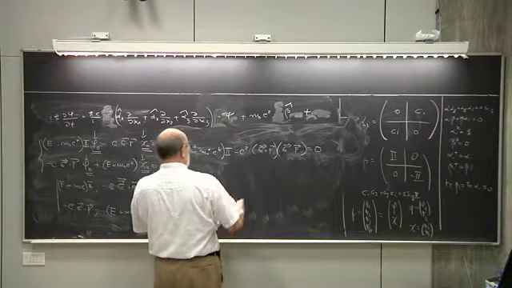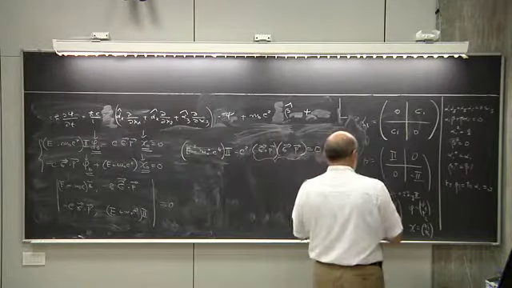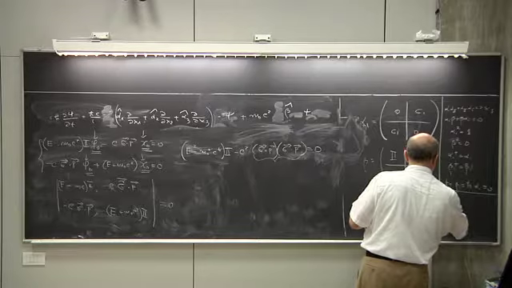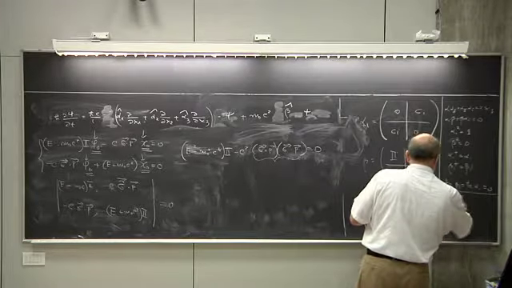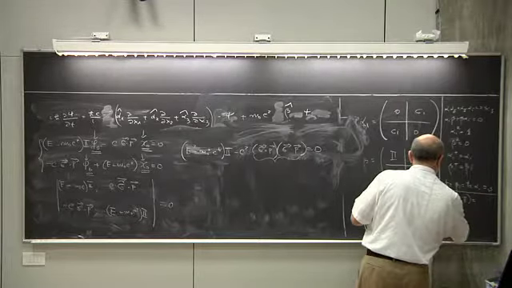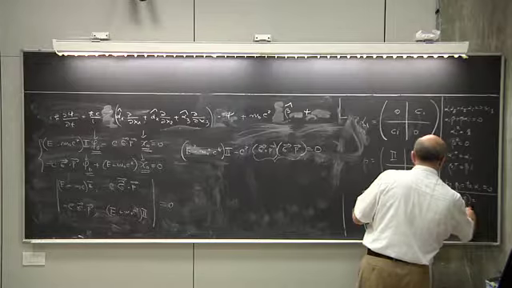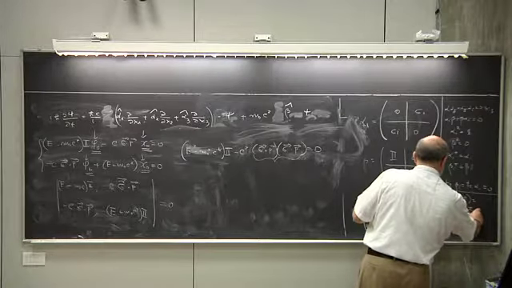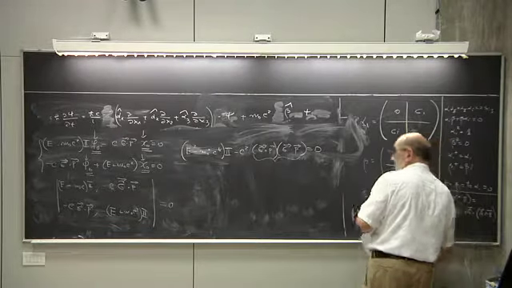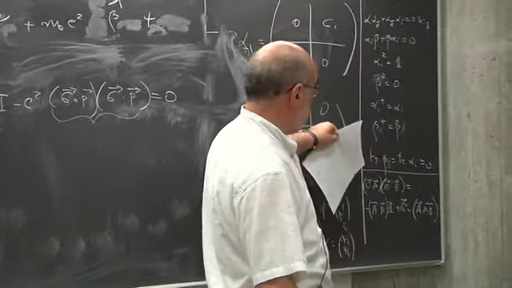Now the difficulty is this piece, but there is a very well-known identity for sigma matrices that I write down here: if you have sigma multiplied by a vector A, product sigma multiplied by another vector B, this is equal to the scalar product of A times B multiplied by the identity in 2 by 2, plus i sigma times the vector product A wedge B. This is a well-known identity for sigma matrices that for sure you have seen.